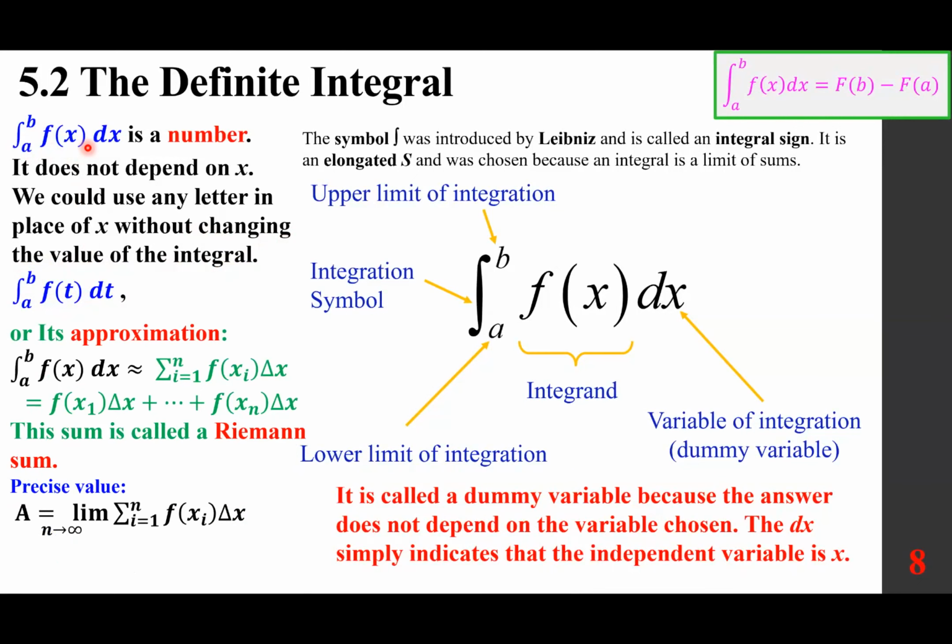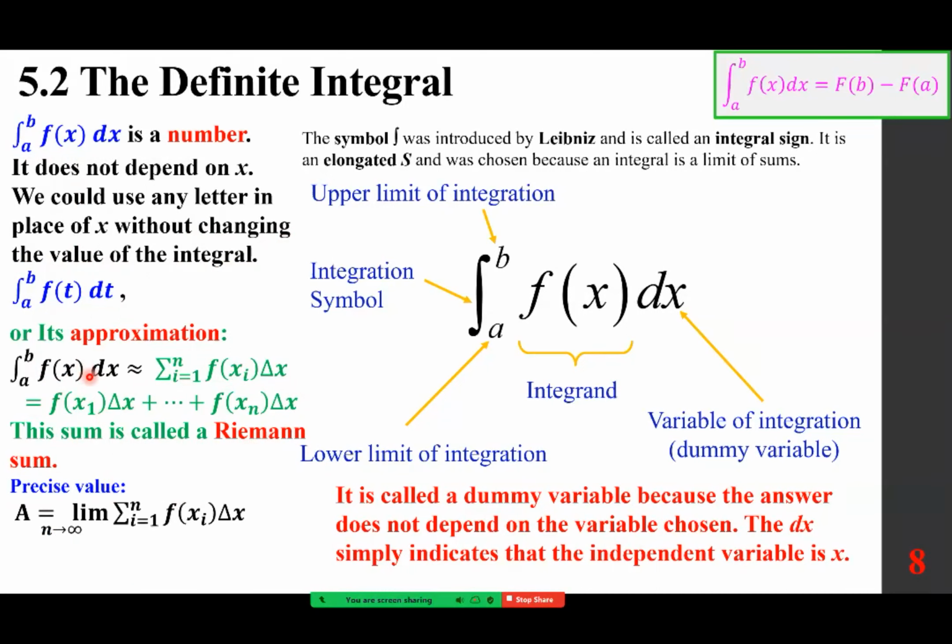Finally, on this page, the approximation of the integral from a to b of f of x dx is almost the summation of f of x times delta x as i goes from 1 to n. This is called a Riemann sum.